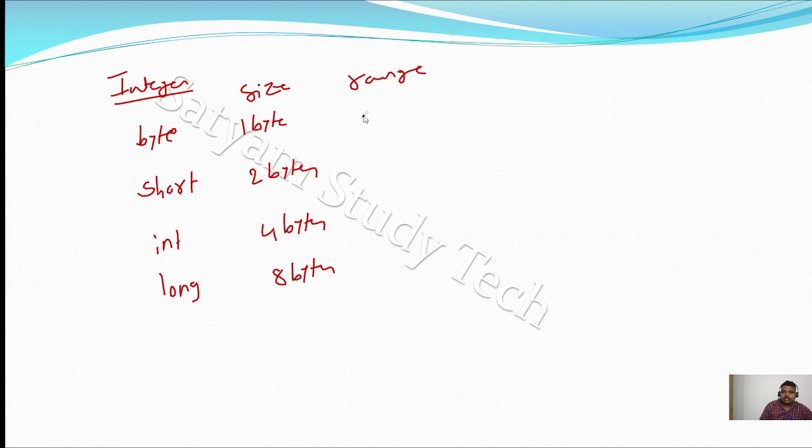The range is minus 2 power 7 to 2 power 7 minus 1. Why is it 2 power 7? Because 1 byte means 8 bits.